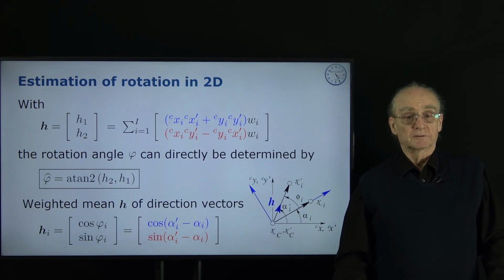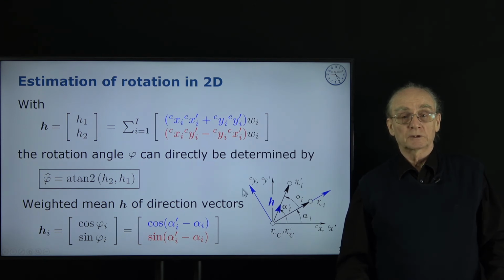Why is it intuitive? Imagine the following. You have here the coordinate system with the centroids of both coordinate systems at the same place. So you have here the coordinates xc and xc prime and yc and yc prime, and you have a point xi which is rotated to this point. So this is the unknown rotation angle.